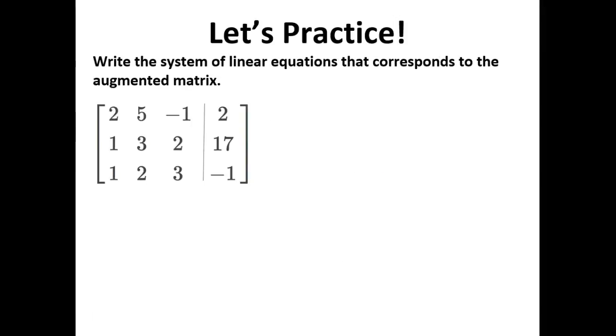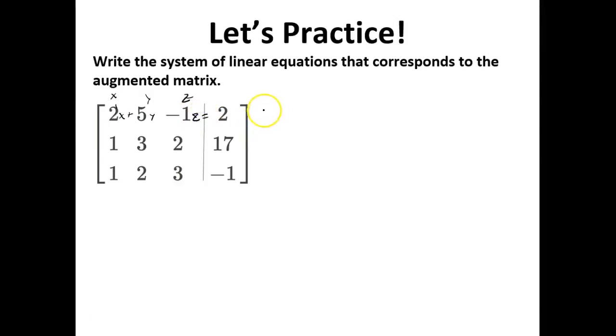If we instead have an augmented matrix and we're going to put the linear equations in there, this is just like the column x, this is the column y, and this is z. So you could almost just do 2x plus 5y minus 1z is equal to 2.